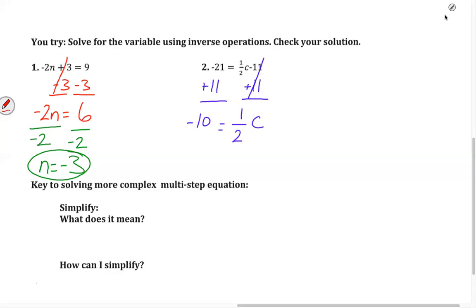I'm certainly able to do that. Now, when I divide by 1/2, okay, that's a little tricky. We need to make sure we use parentheses. So when I do that, I get 20. All right, so in this case, it's going to be negative 20.